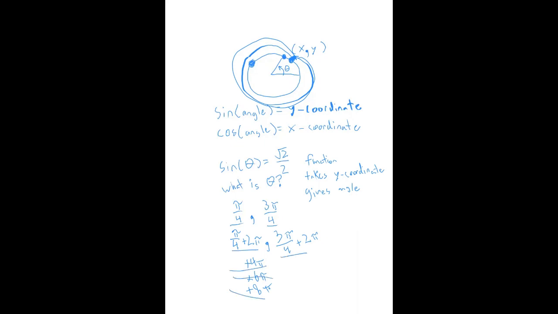There's infinitely many coterminal angles that I could pick from. So I need to figure out some way of restricting the domain of sine, aka telling myself to only look at a specific range of values so that I am able to just figure out one specific answer for my inverse.